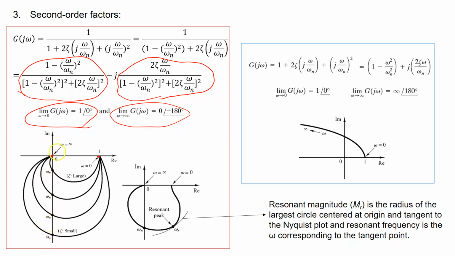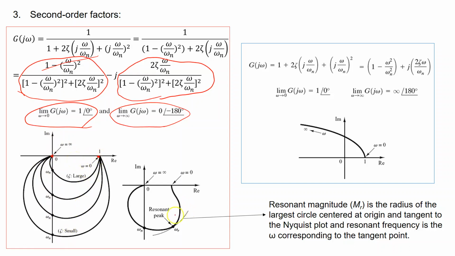I'm sorry, the real part, not the imaginary part. So if you look here, clearly you see if omega is equal to omega n, then this whole numerator goes to 0. So you're down to only an imaginary part. So for omega equal omega n, that's the intersection point of the curve with the imaginary axis. So that's what you would see, these curves here for different values of zeta.